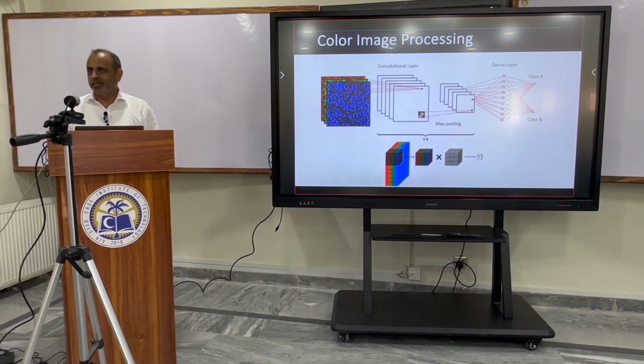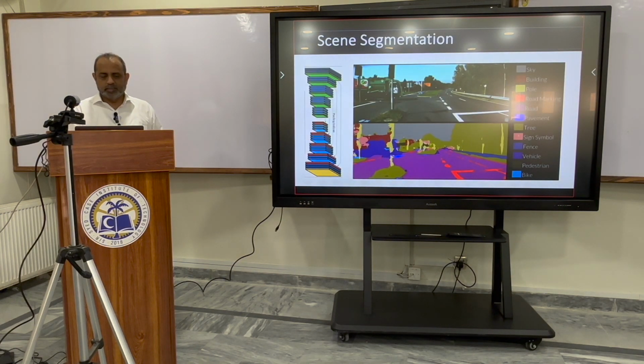Now we understand that once you have these colored images and whatever neural network model you have, sometimes it is simply multiplied by 3, because all 3 channels are to be processed, and sometimes they may be merged. Sometimes they just go through the entire model, and this is where you do scene segmentation.